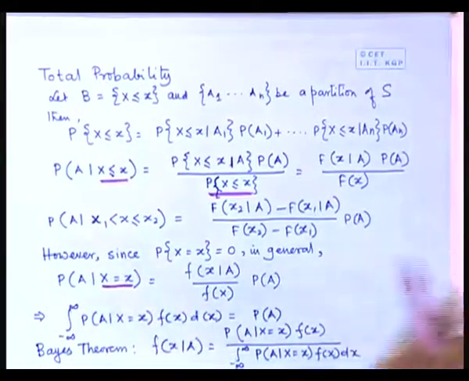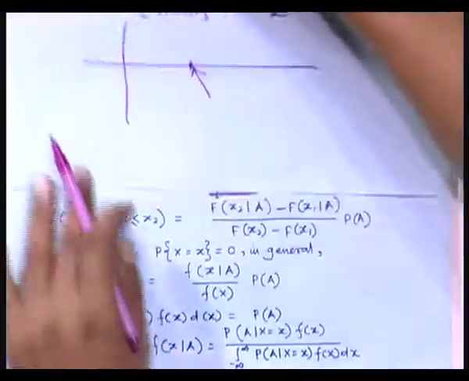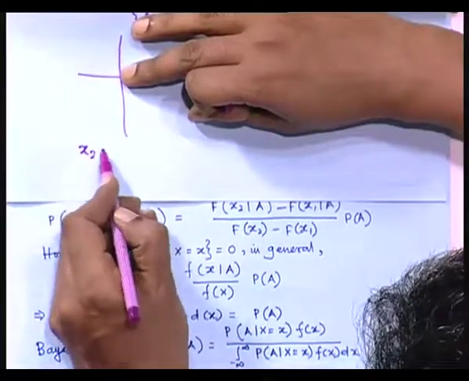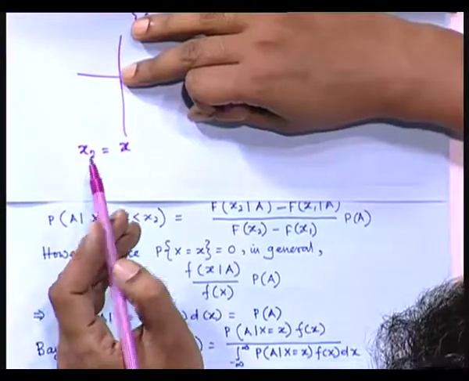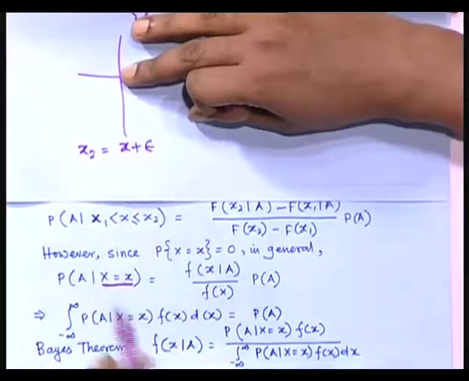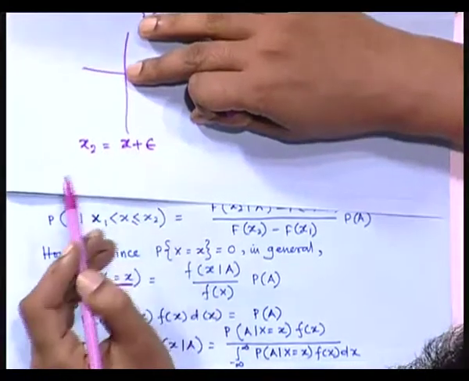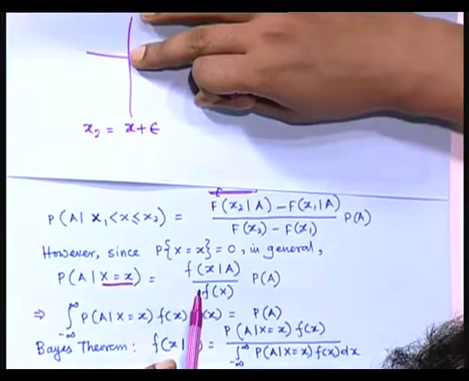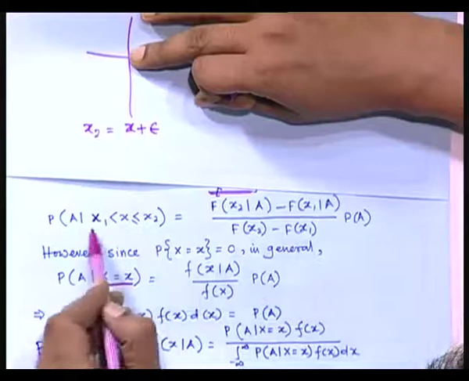Suppose you write that x2 is equal to x plus epsilon, and then you put in this formula.